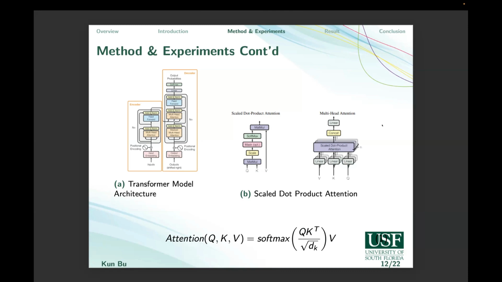And on the right-hand side is the decoder part, where you can see that after the positional encoding, we have the masked multi-head attention, where the multi-head attention is the key point of the transformer model.